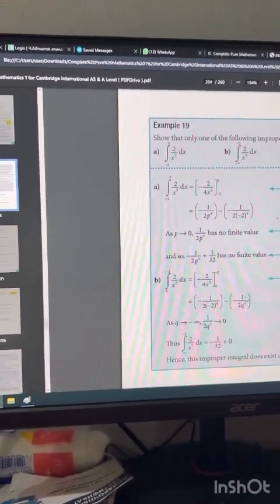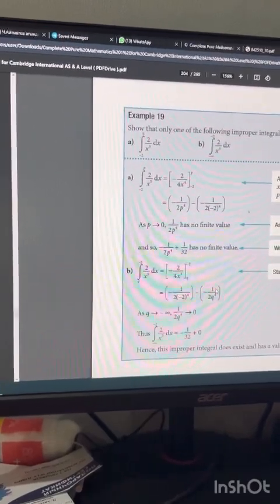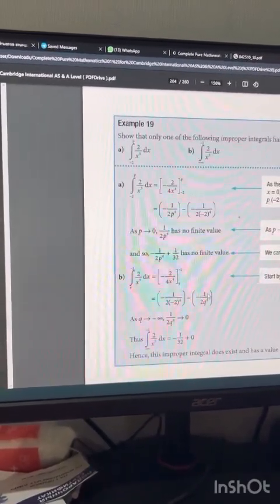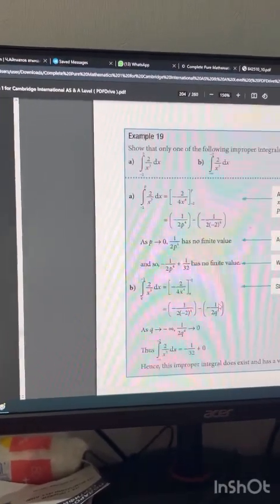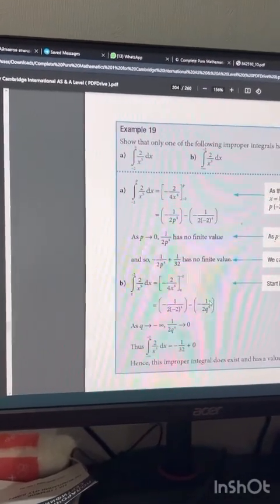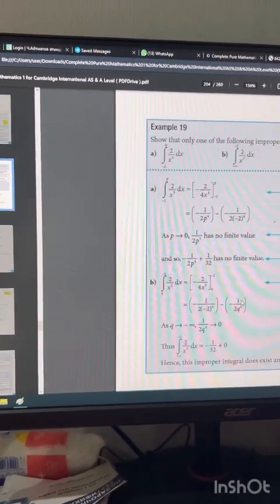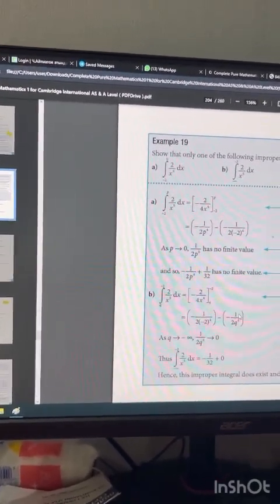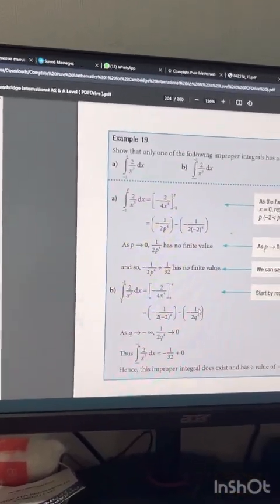So we can write p as 0, and it has no infinity value. Here we must say that the integral doesn't exist, and that's all. The answer is that this equation has no infinity value.